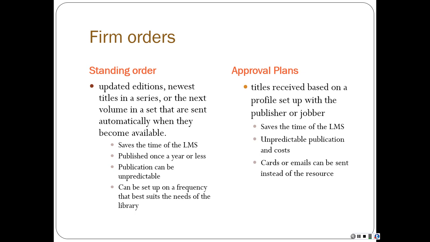You could craft an approval plan that would send you resources that fit that criteria, that they're about cells, they are in the high school age range, and they'll send those to you, and then you get to keep what you want and send back the ones that you don't want. An approval plan is really useful if you know the types of resources you want to get and aren't concerned about specific titles.